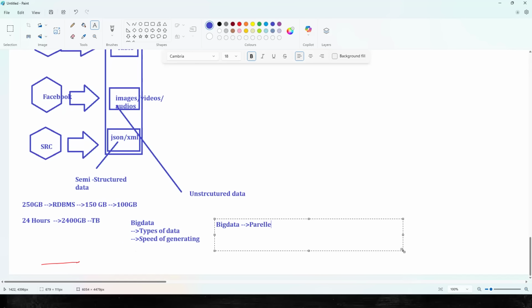I'll give you a simple example. A person can do a work in 10 hours. Instead of one person waiting for 10 hours, I'm deploying 10 persons.